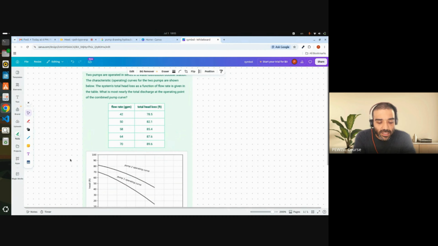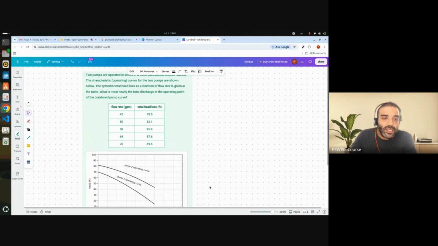The total flow comes out of how much head you add and how much head loss you have. When these two are in equilibrium, that's the flow rate you get out of a pump.